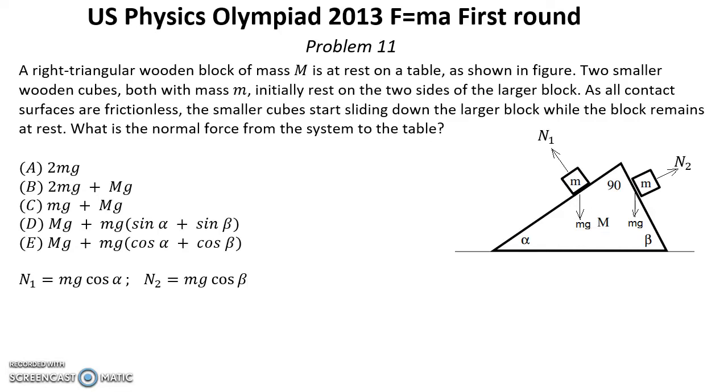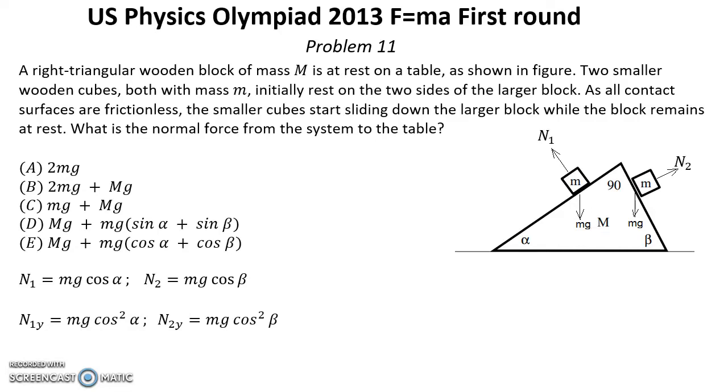Same force acting from small blocks to this triangle block. And now we just need to count what is the vertical part of this normal force acting on this triangle. We have n1y equal mg cosine square alpha and n2y equal mg cosine square beta.